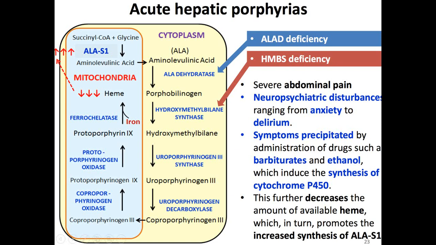Then acute hepatic porphyrias: ALA dehydratase deficiency and hydroxymethylbilane synthase deficiency lead to severe abdominal pain and neuropsychiatric disturbances ranging from anxiety to delirium, with symptoms precipitated by intake of certain drugs like barbiturates and ethanol, which induce the synthesis of the cytochrome P450 enzyme system.